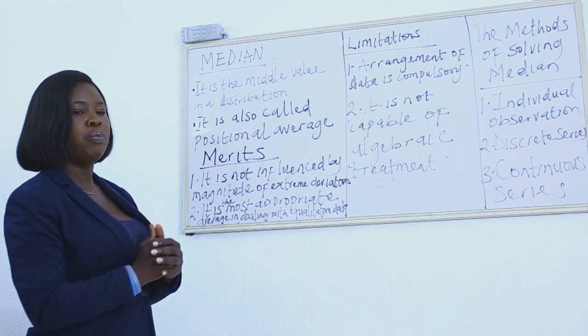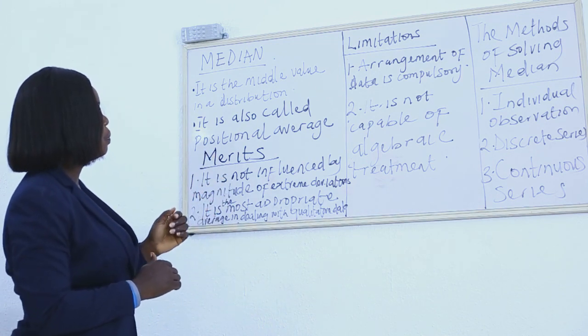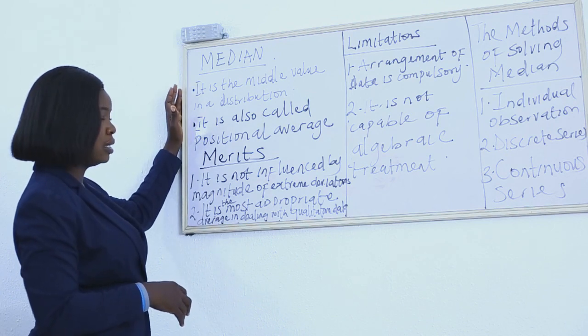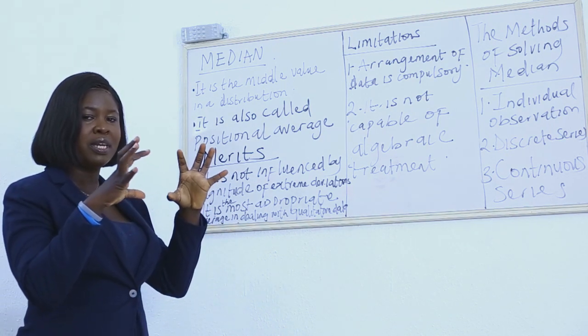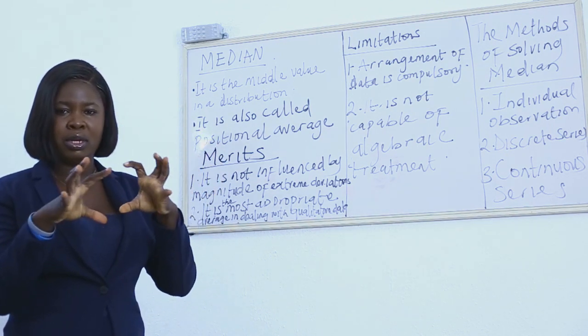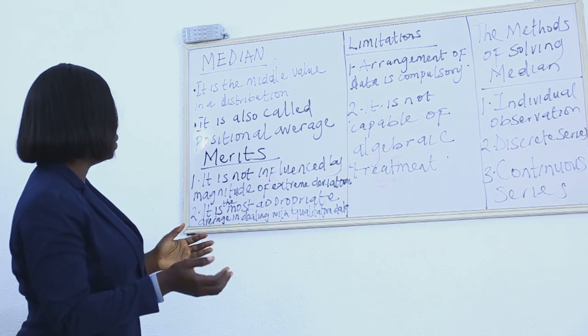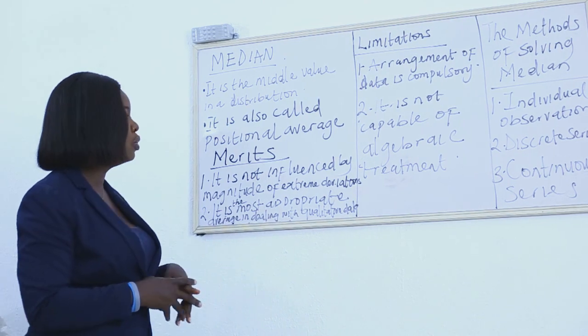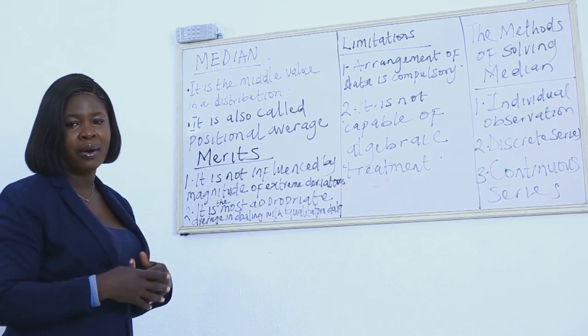So today we'll be looking at another topic under the measures of central tendency, which is median. And we all know from the word median, middle, that it is the middle value in a distribution. Like I said earlier, it can also be called the positional average.